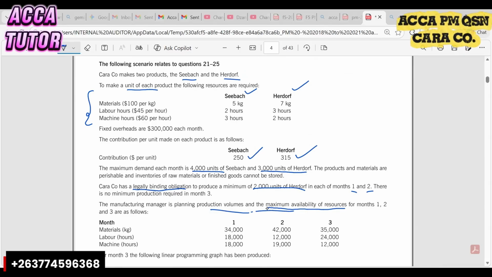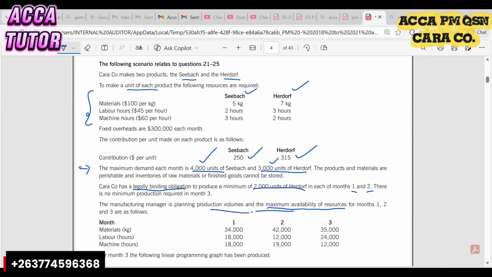So we then have to ask ourselves, do we meet the production demand? Because maximum demand information is here. In month 1, for us to meet the production demand, remember we need to produce 4,000 units of C batch and 3,000 units of head-off. Do we have the necessary resources? Do we have enough materials?